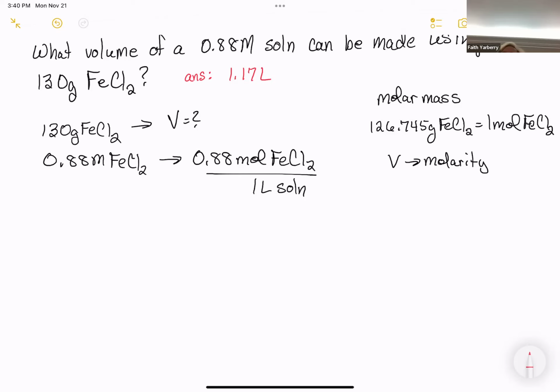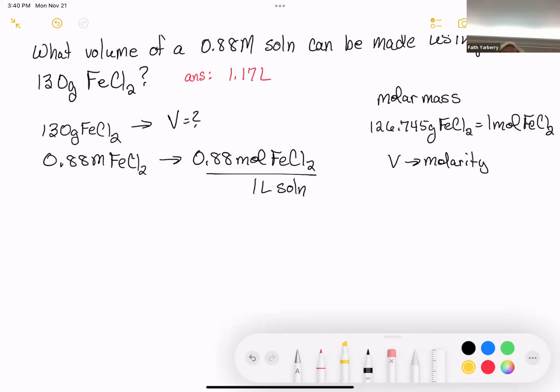Okay, let's see how it's going. So first of all, I listed out what I had. I had 130 grams of FeCl2. I also knew that the concentration of the solution I wanted was 0.88 molar. I took that molarity and broke it apart so that I could definitively say I wanted to start with the grams of FeCl2 since that value had only a single unit associated with it.